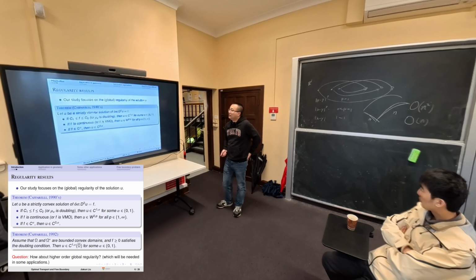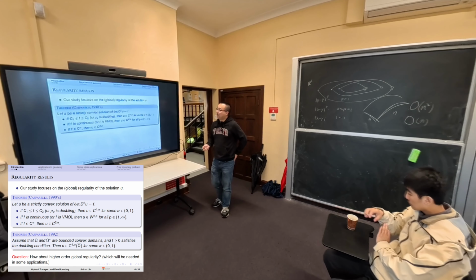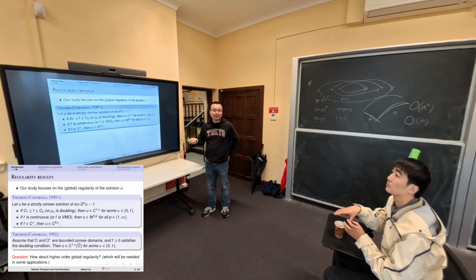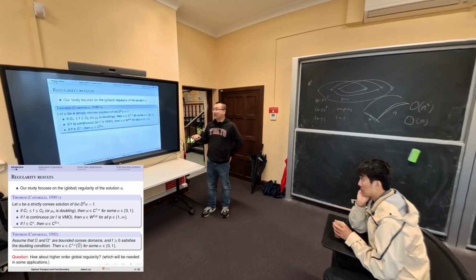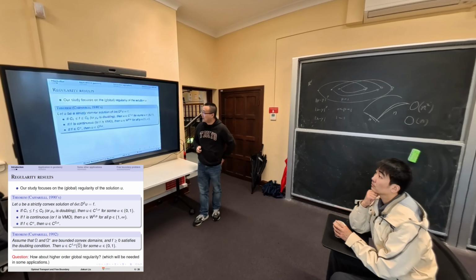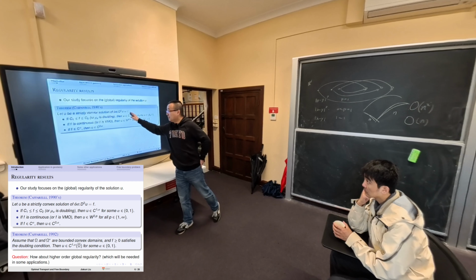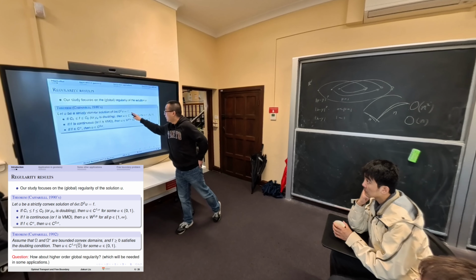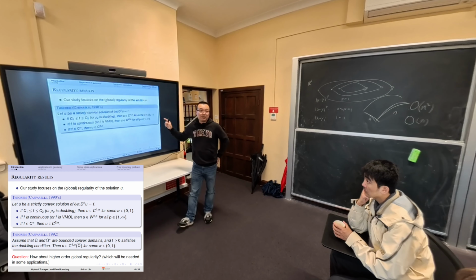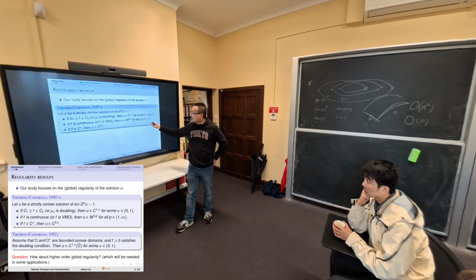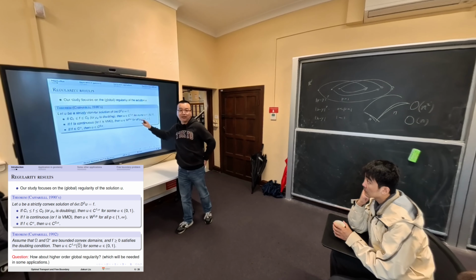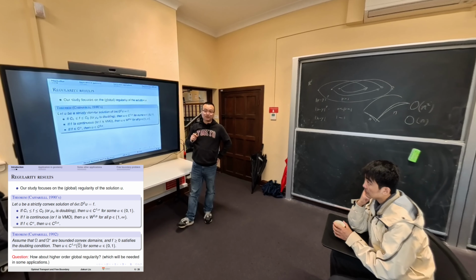In PDE, we are always trying to understand the regularity of the solution, especially the global regularity. So before I talk about the global one, let's look at some interior results. So in the 1990s, Caffarelli told us if u is a strictly convex solution to the Monge-Ampère equation, as far as the right-hand side is bounded from below and above by positive constants, okay? Caffarelli could prove the solution is C^{1,alpha} for some alpha from 0 to 1.